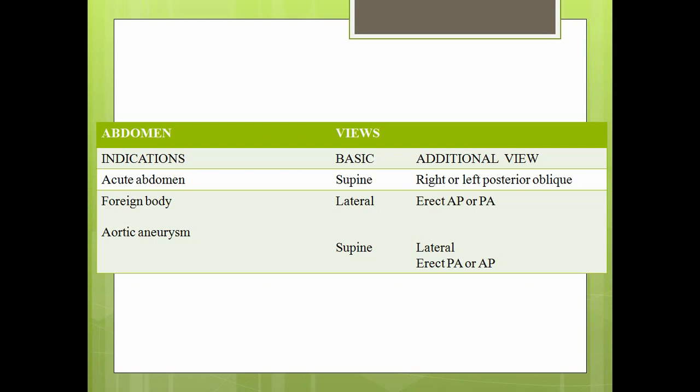Lateral also we will take. These are all the routine views. For special views, we have decubitus views. Standing, or erect as we call it, is also a special view. Lateral decubitus is there, dorsal decubitus is there. That will be explained in the later part.